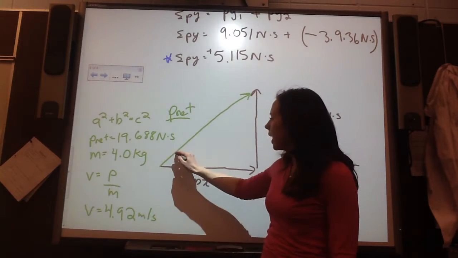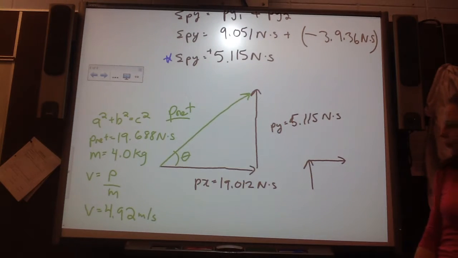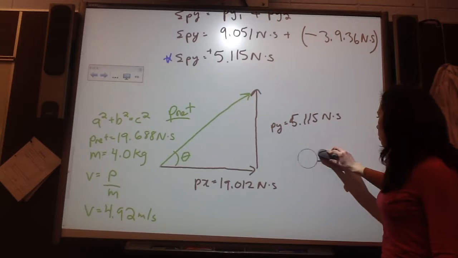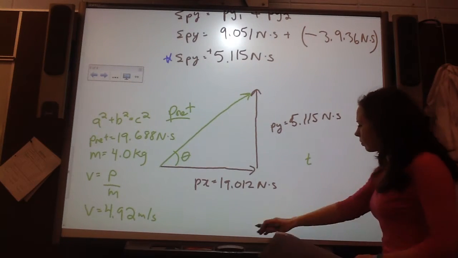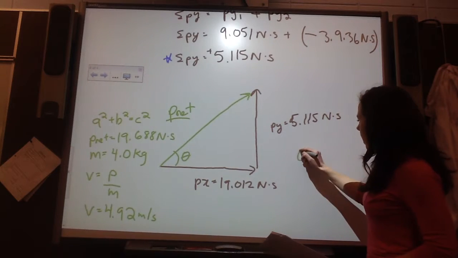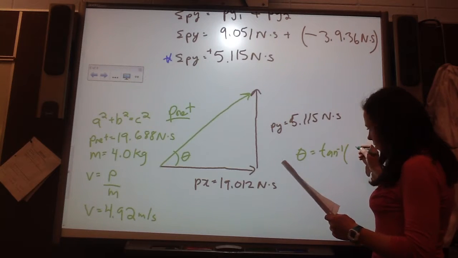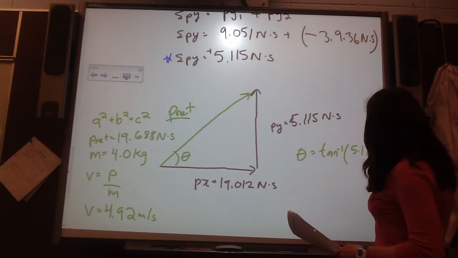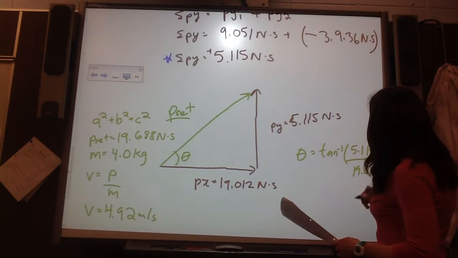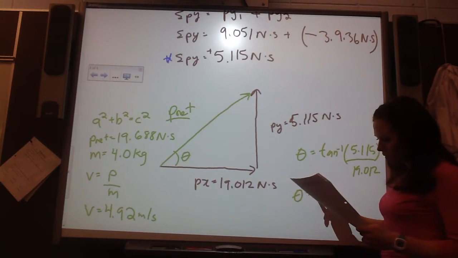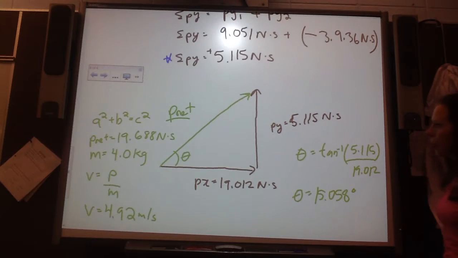So go to the tail of your net and you find the angle at that place. I'm going to use tan again, but you can actually use any of them. So my angle is equal to the inverse of tan of 5.115 divided by 19.012. So the angle is 15.058 degrees.